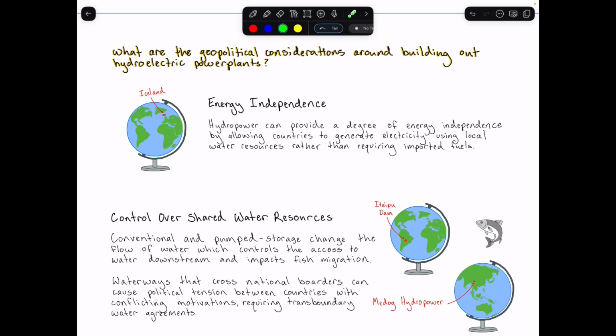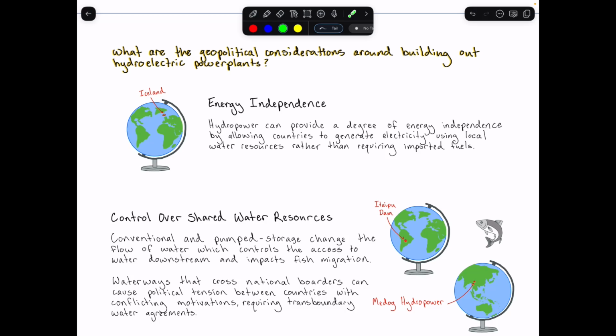To promote the cooperative management of these waterways that hydropower plants depend on, countries will often establish what is called a transboundary water agreement that balances the benefits of hydropower development with the water security and agricultural needs of downstream regions.